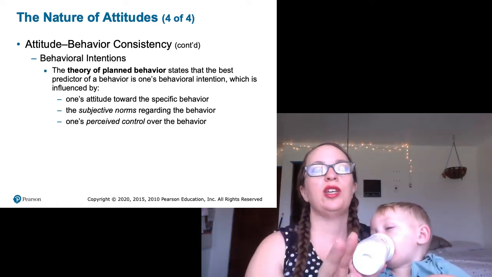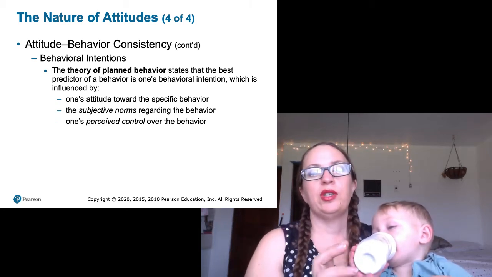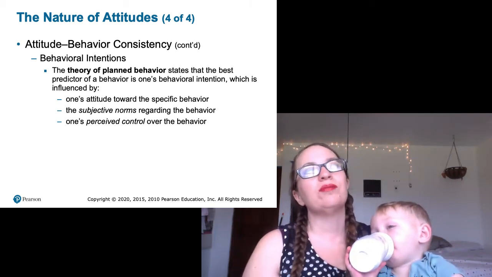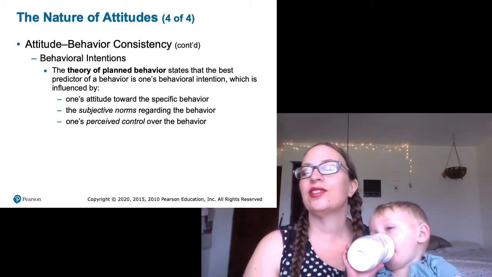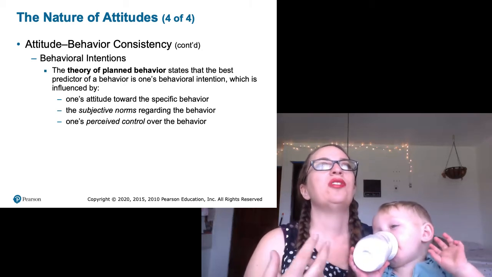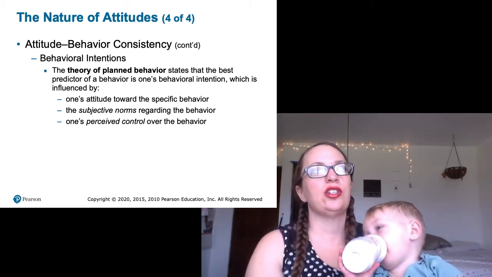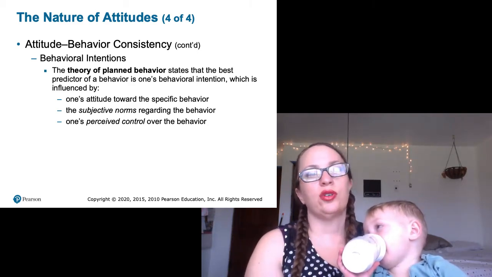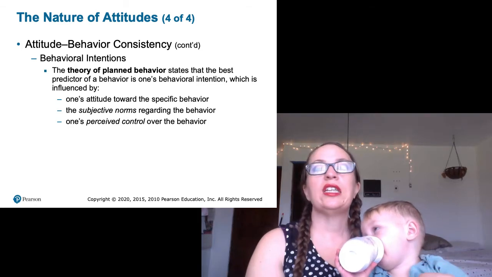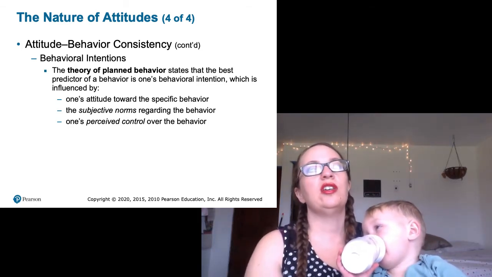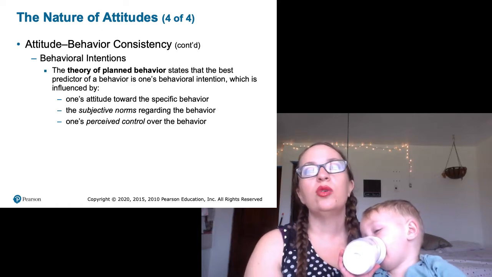You plan to behave in a certain way, and because you intend to have that behavior, you are more likely to follow it through. I mean, that sounds obvious, and a lot of psychology is so obvious, but think it through: what would a cult do to get you to join, or what would a salesman do to get you to buy? A lot of salesmen will ask, what are your goals? What do you want to achieve?